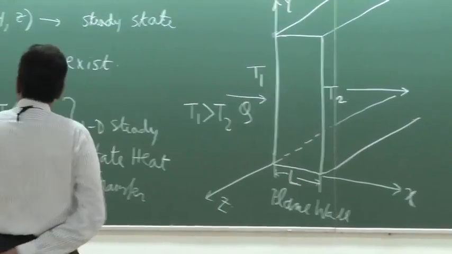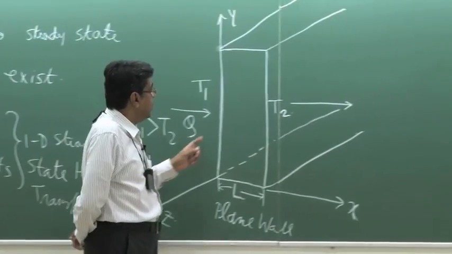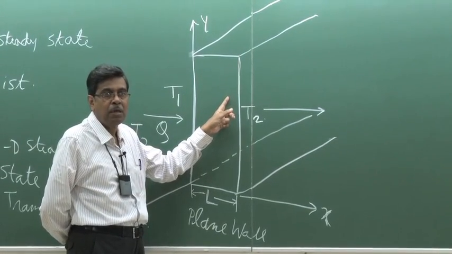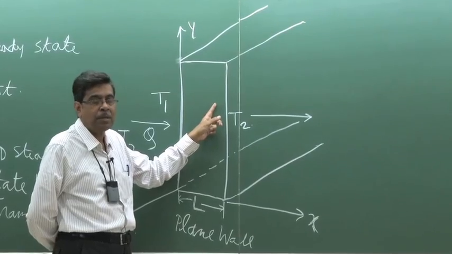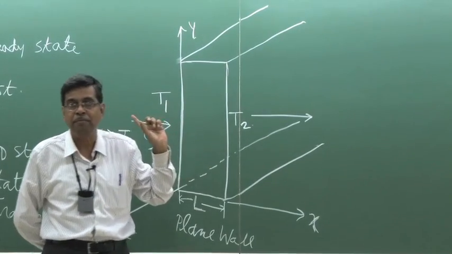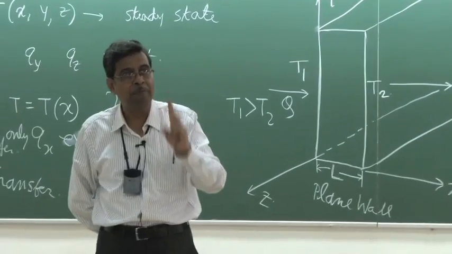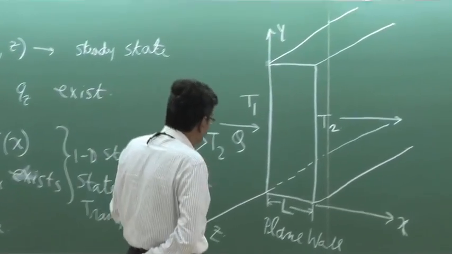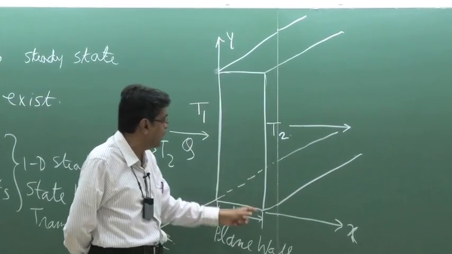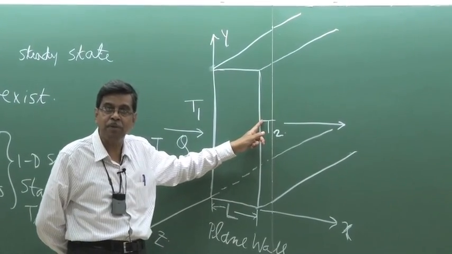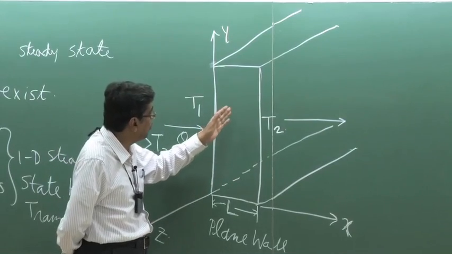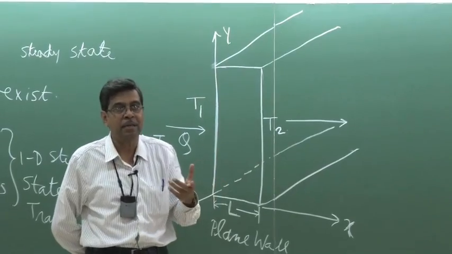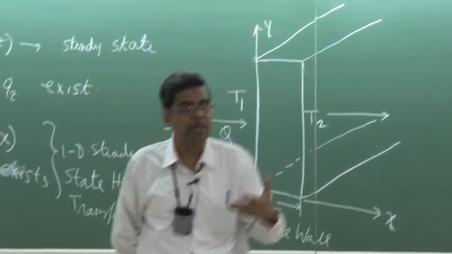Now, by basic understanding of the steady state, at all points the temperature has to be invariant with time. There may be a distribution, but invariant with time. So to meet that, we have to have two physical requirements. One is that definitely the boundary temperatures have to be invariant with time, which I have prescribed for this problem. And at the same time, there should not be any energy generation internally in this wall, by any action, there may be an internal reaction or anything else.